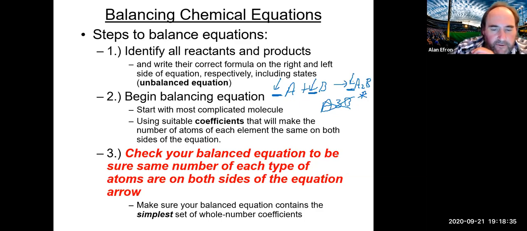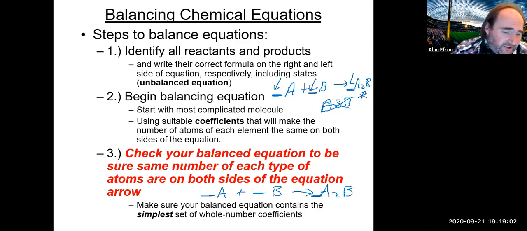But most importantly, when you're done and you are balanced, there are 2 rules that have to hold. First off, all of the coefficients, all of the numbers that come in front of the formulas, need to be whole numbers. So they all need to be whole numbers, and they need to be the simplest set of whole numbers. And this could happen because some people could see larger numbers to balance it.